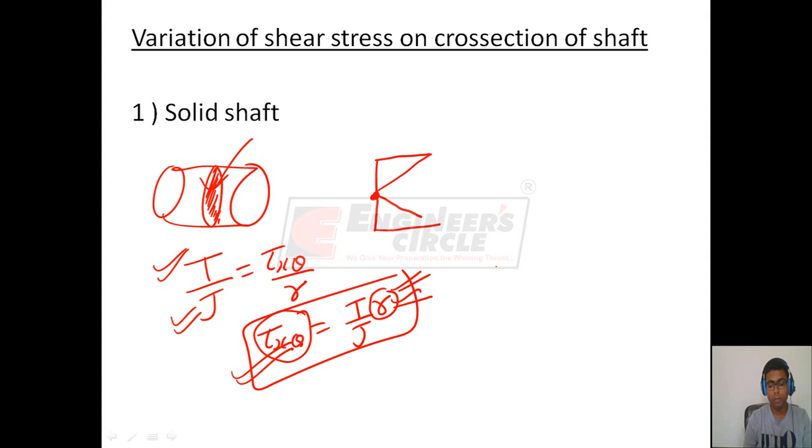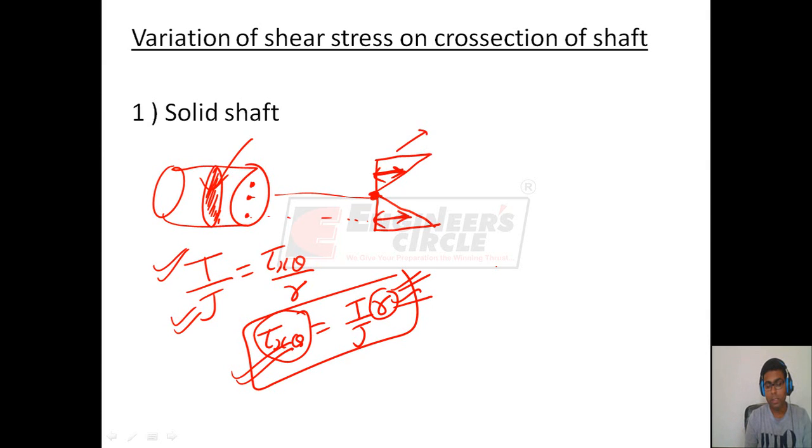So we simply draw the variation like this. So at this point the variation will be this. At this point on the cross section, the shear stress will be 0. On this point of the cross section, the shear stress magnitude will be given by this value.